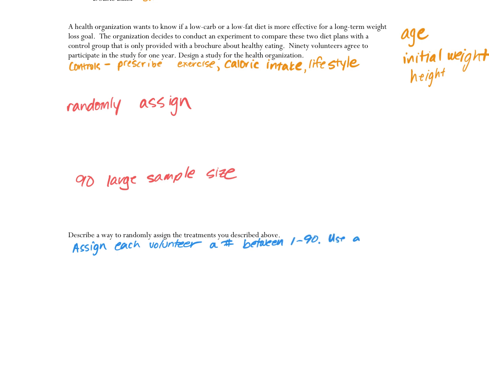Use a random number generator, since we're whispering, to get 30 unique numbers.